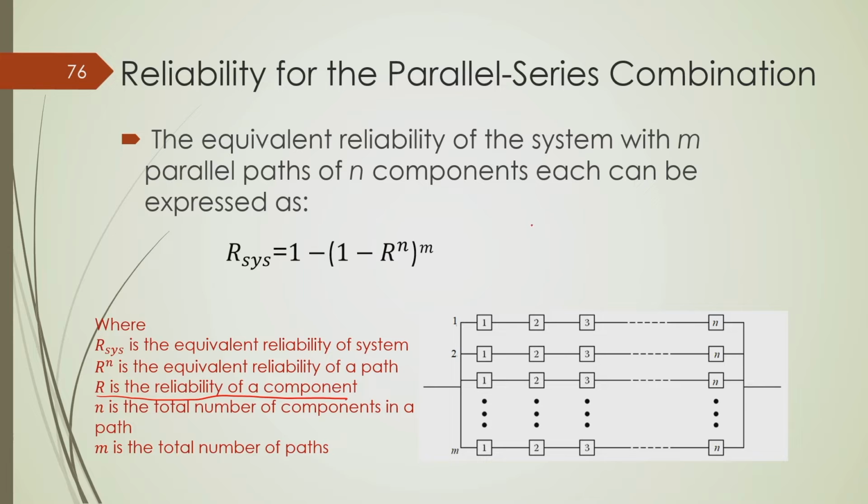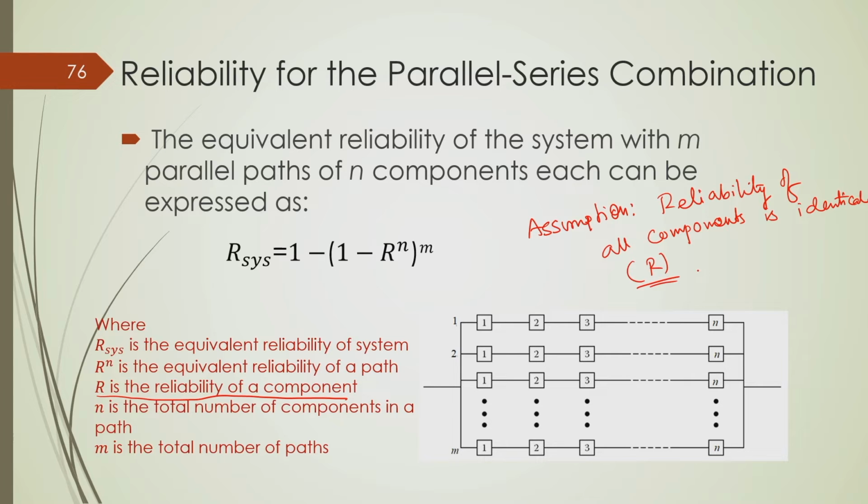So, here the assumption is that the reliability of all components is identical and is represented by capital R. It may so happen that these component reliabilities are different.